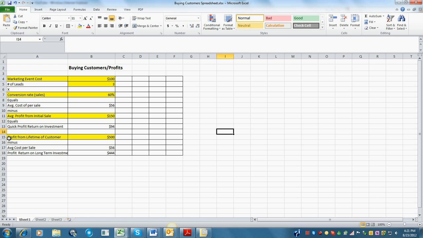But then take a look at the lifetime value of that customer. Hopefully that new customer will buy from you for a long time. So estimate how long your customers have been with you, how much they spend over the lifetime that they're with you, and then look at the profitability of that over the lifetime. In this case, we said $500 was the lifetime profit from that new customer.